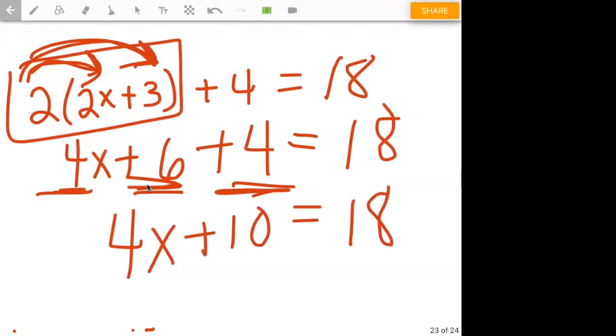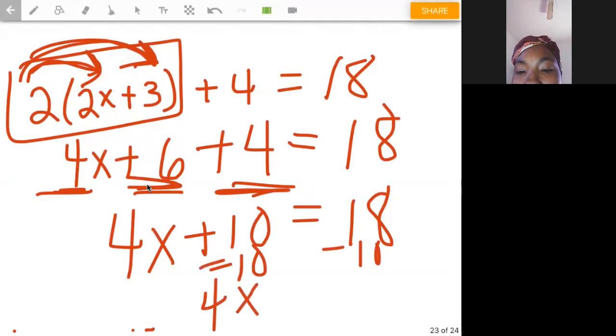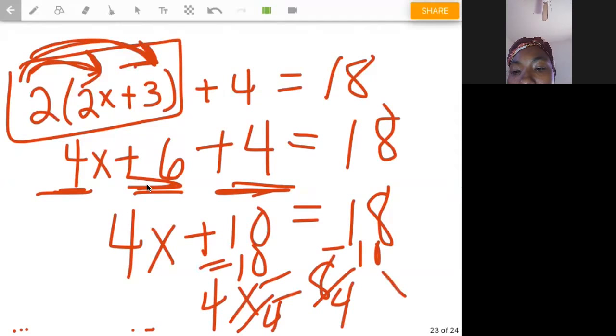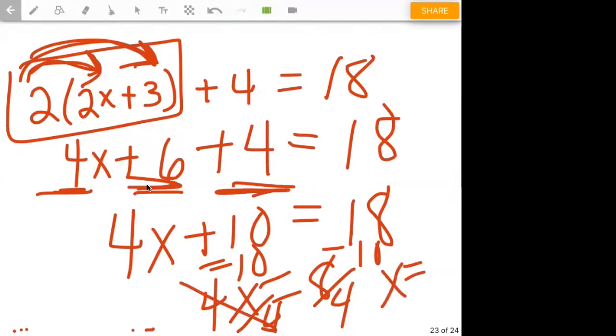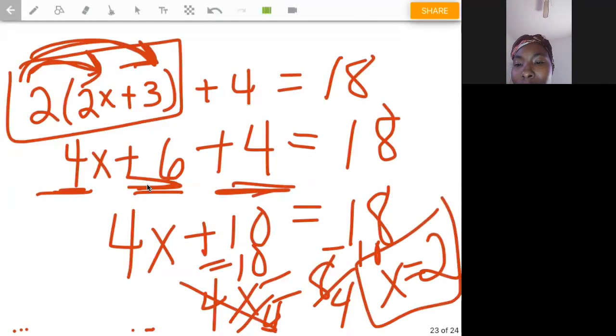Now we're down to 1, but you know how to do that. What we're doing is we're going to divide the 4. First we have to subtract the 10 on both sides. Very good. Then we have 4x equals 8. And then we would divide the 4 on both sides, and 8 divided by 4. x equals 2.